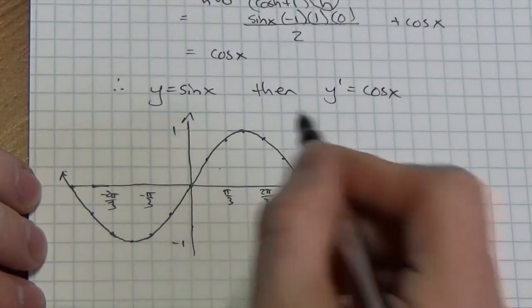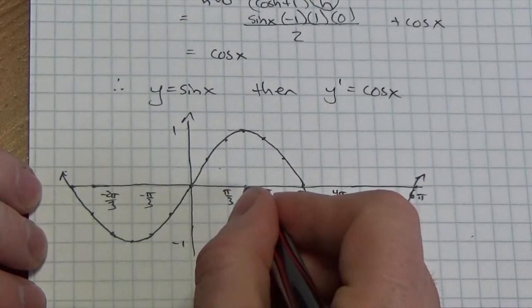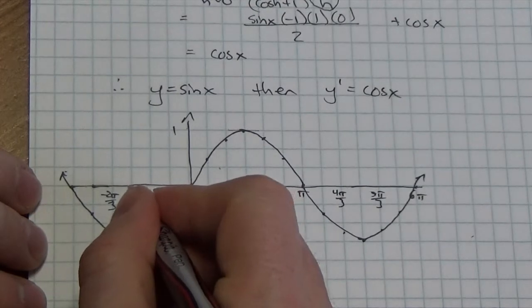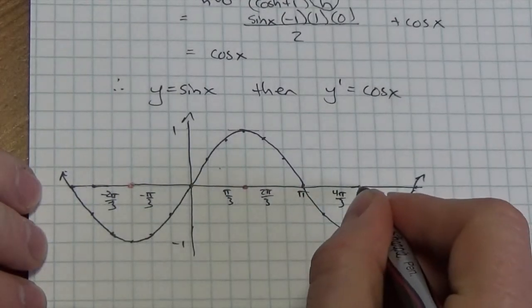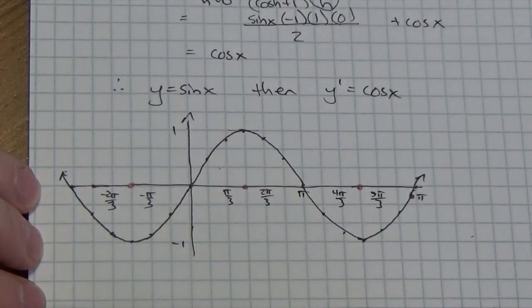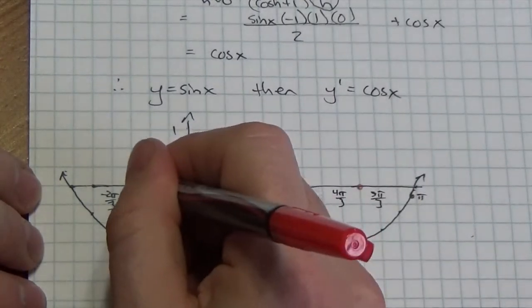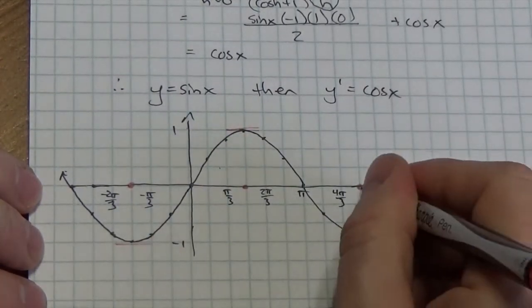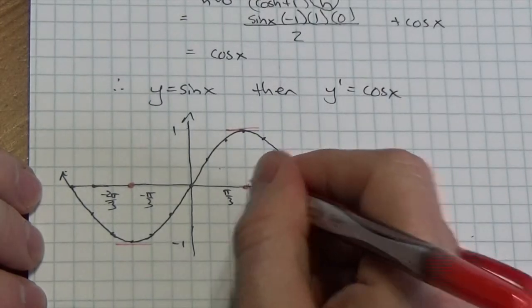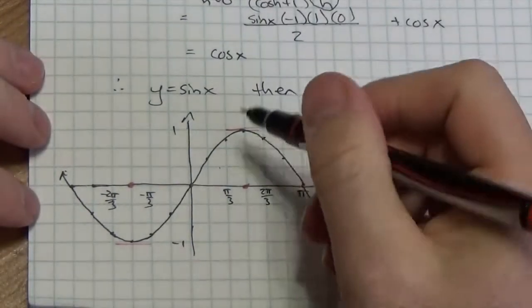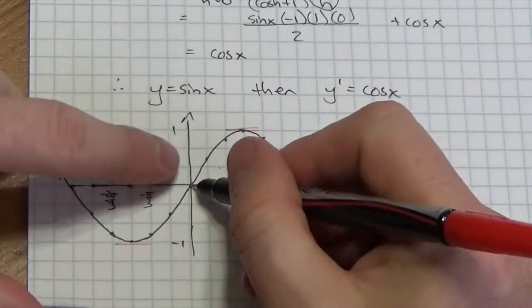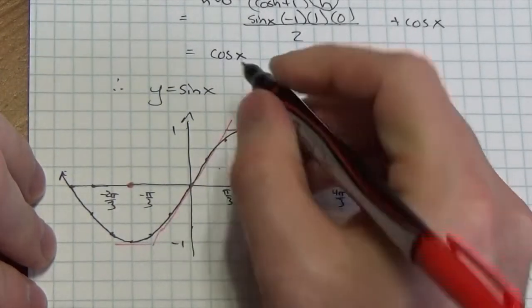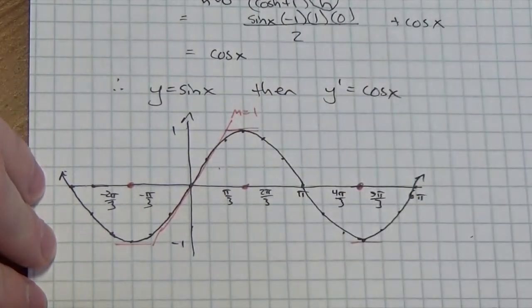Right here, the slope of the tangent is 0. So our derivative would go through 0. Same thing is here. Same thing happens here. You can't quite see that my red isn't quite dark enough here, but it's going to go through 0, there, and there. Now, the slope of the tangent line right there is going to be 1.